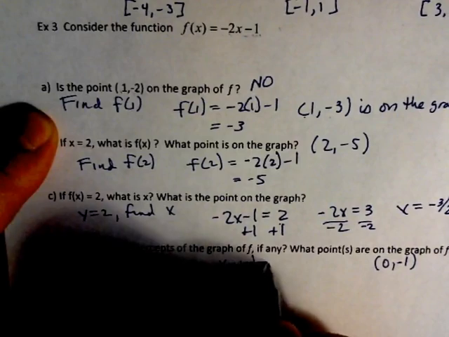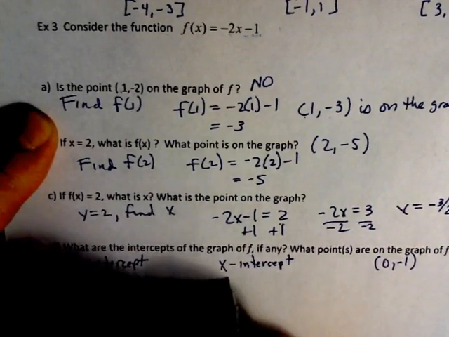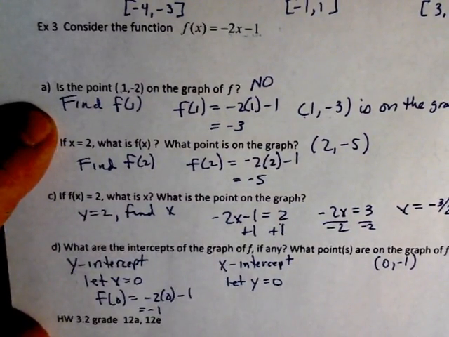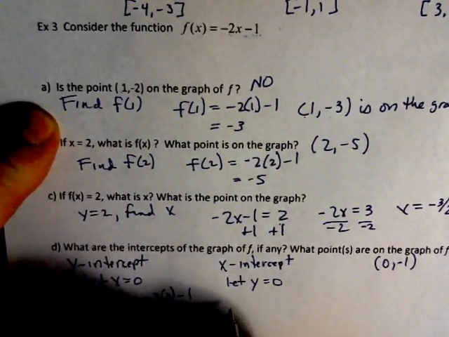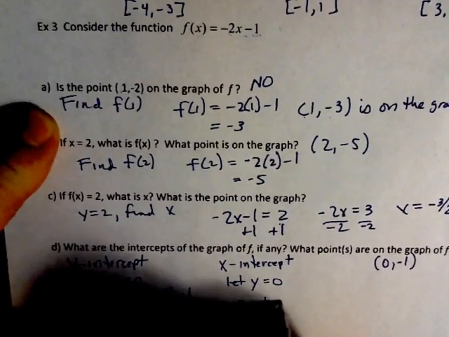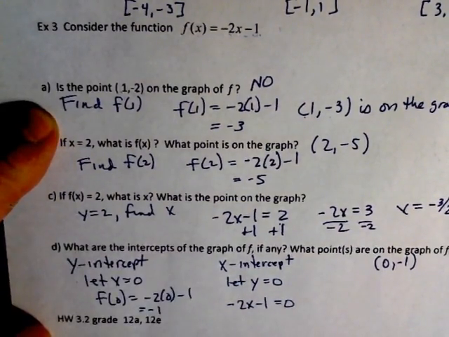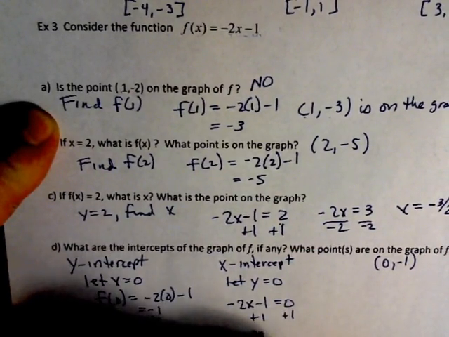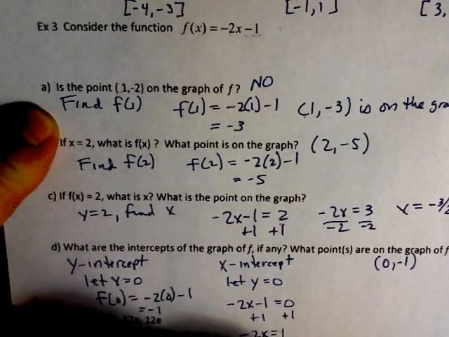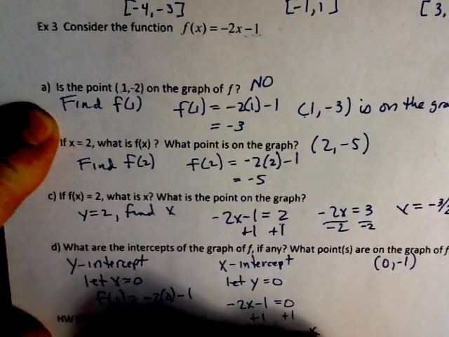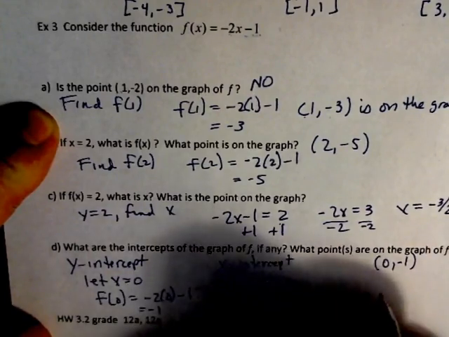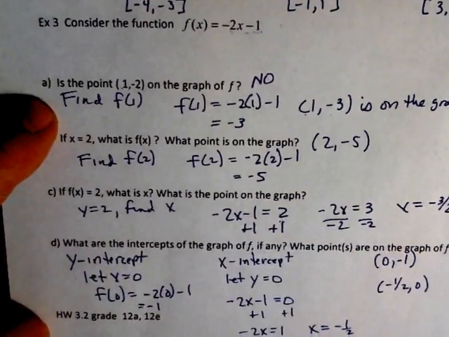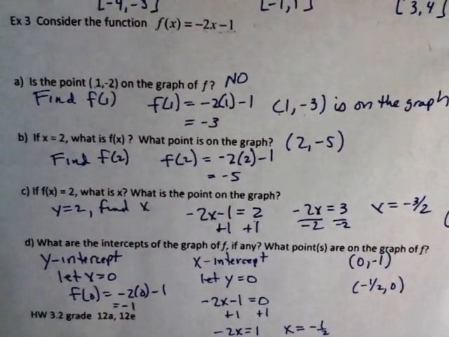To find my x-intercept, I let y equal 0. So anytime your y is 0, you set the equation equal to 0, solve for x. So I add 1 to both sides, divide by negative 2. So x is negative 1/2. So that's my x-intercept.